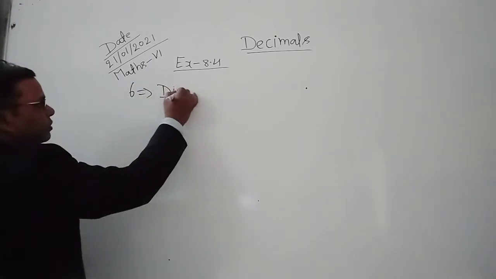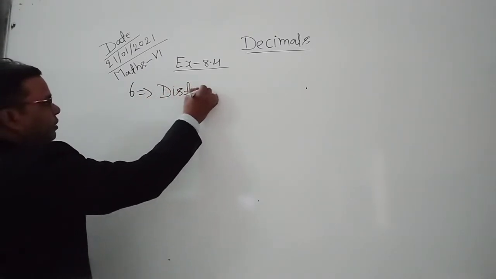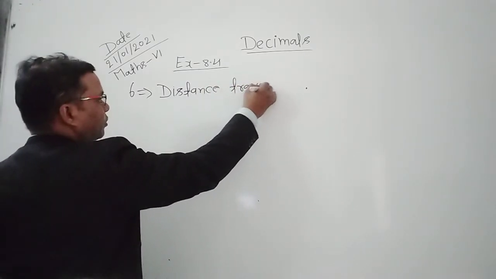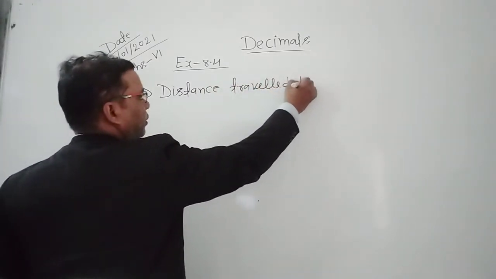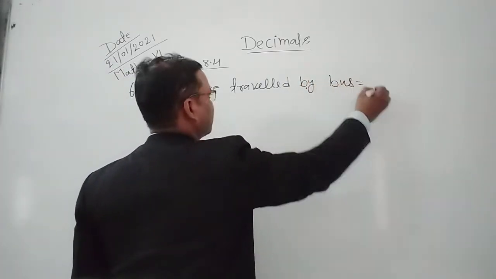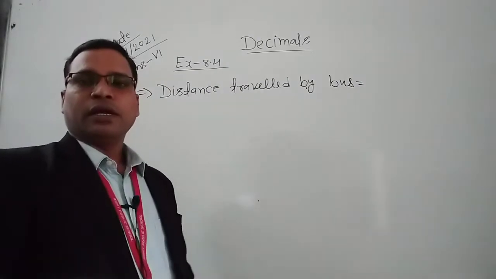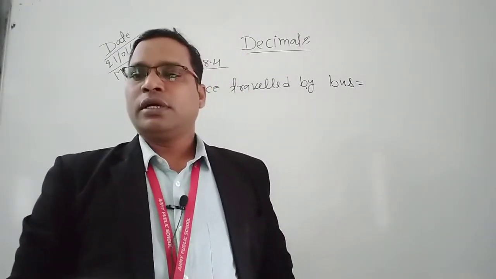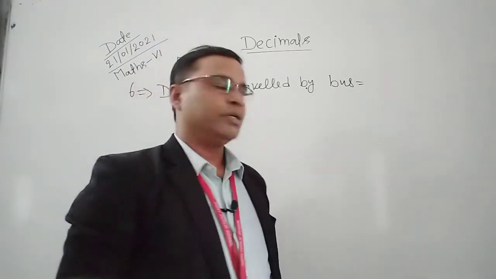Distance traveled by bus. Distance traveled by bus, this is given 26 kilometer 54 meter.